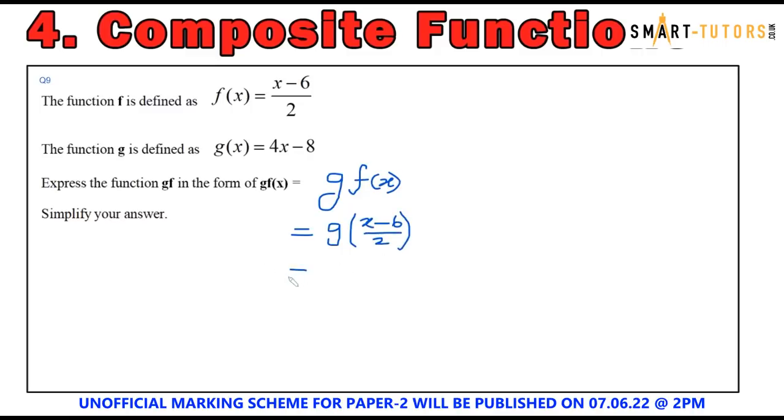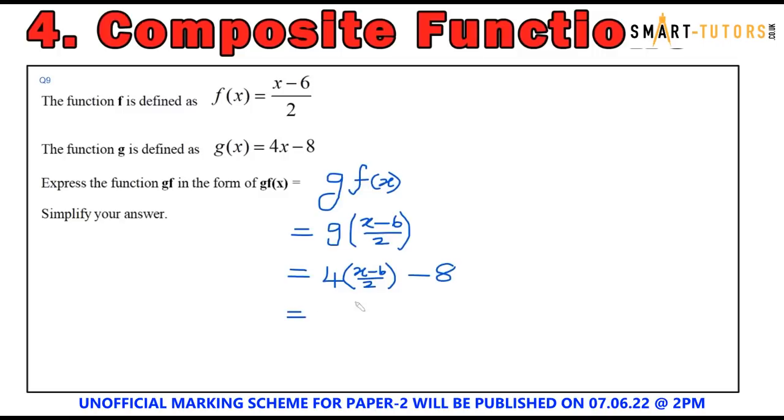Now you need to refer to the g(x) function. The g(x) function is 4x minus 8. So in 4x minus 8, that x is going to be replaced by (x minus 6) over 2. Basically, you are putting the f(x) function into the g(x) function.